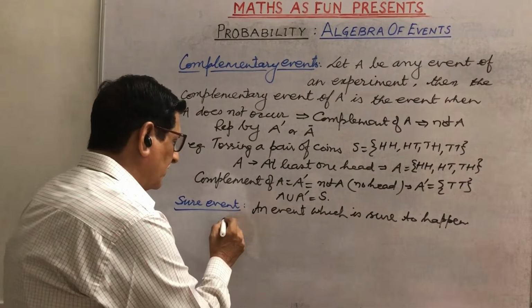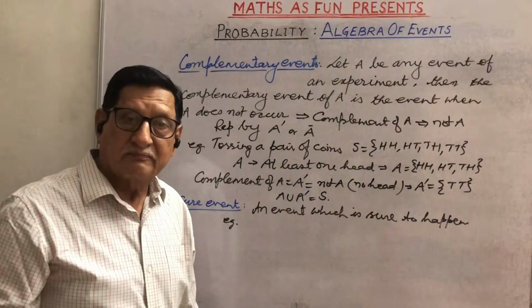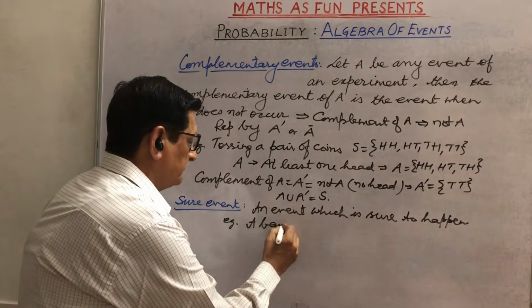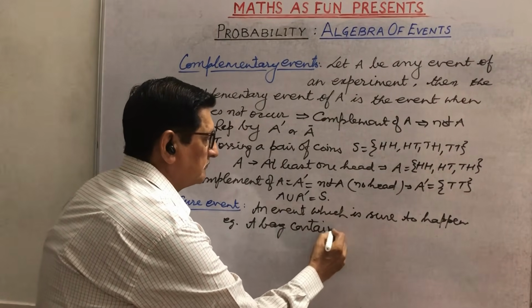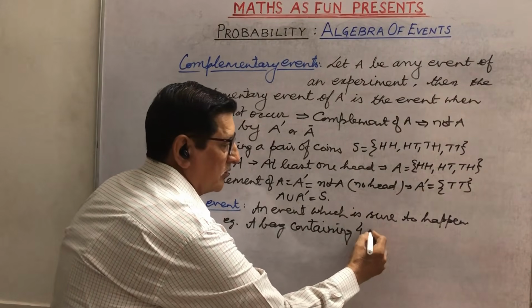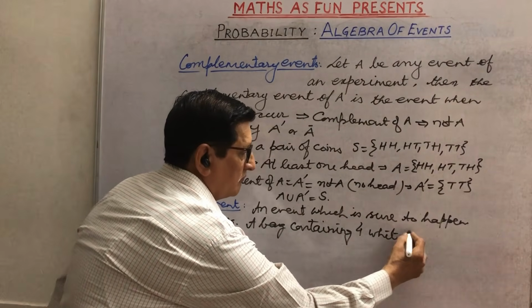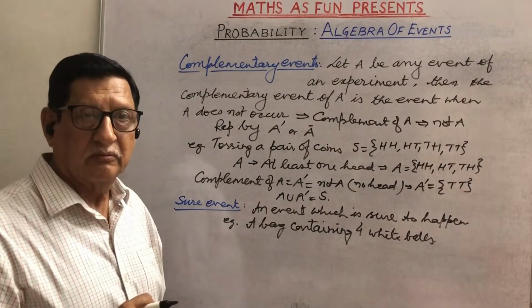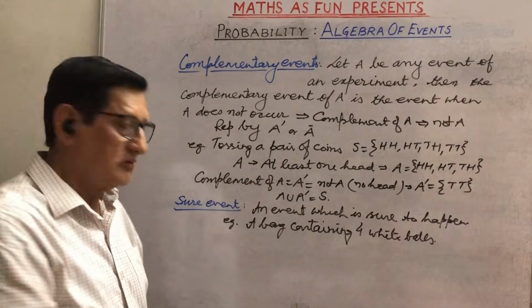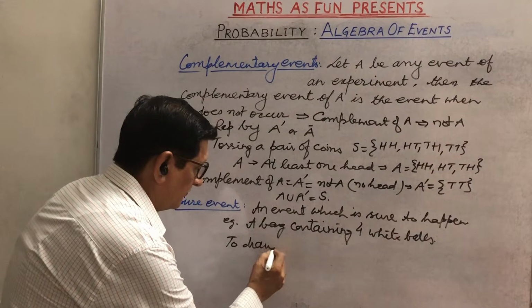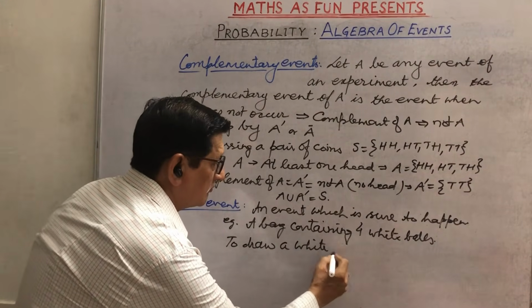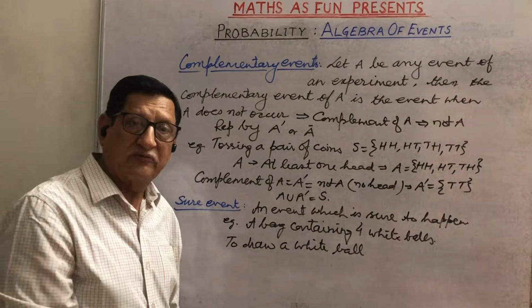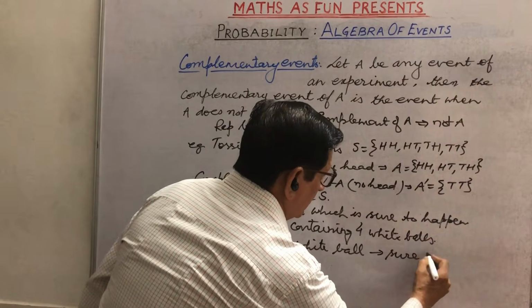Like suppose we have a bag containing 4 white balls. Now suppose we want to draw a ball from it and we want it to be white. To draw a white ball from the bag will be a sure event or not? It is a sure event.